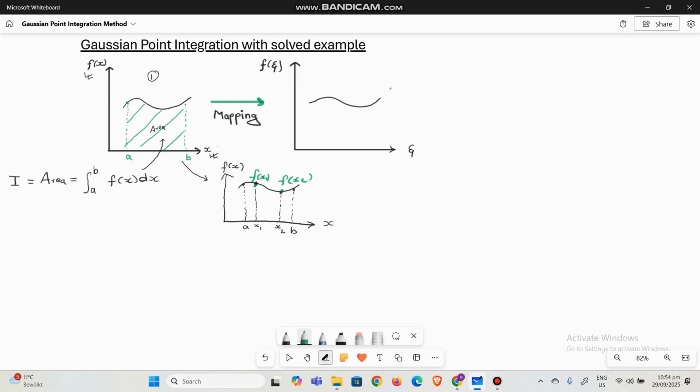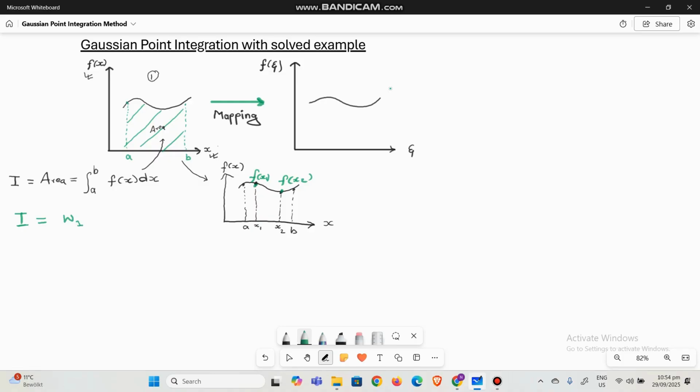So now, how can we get the area? Alternatively, the same area can be found out by using the sum of these functions, but by multiplying it with certain weight factor.